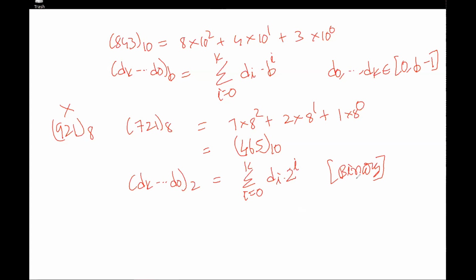And if you are working with hexadecimal numbers, the base is 16. So for d_k to d_0 in base 16, what we have is the sum from i equal to 0 to k of d_i times 16 power i.